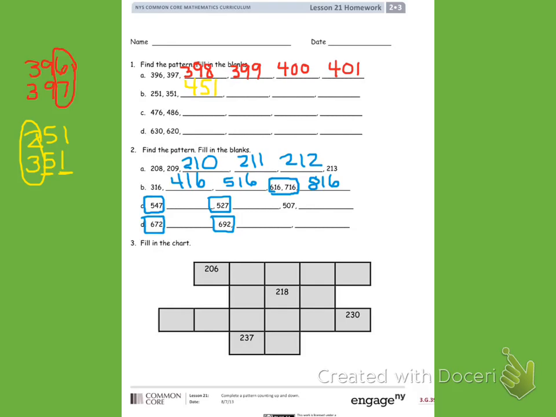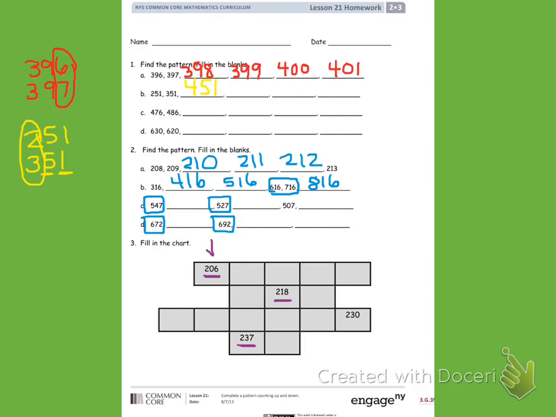Finally, number 3, it says fill in the chart. It doesn't tell you what to count by. But if I look at the beginning number 206, and then I look at the second row 218, and the fourth row 237, sorry, I can see that the columns give me a clue.